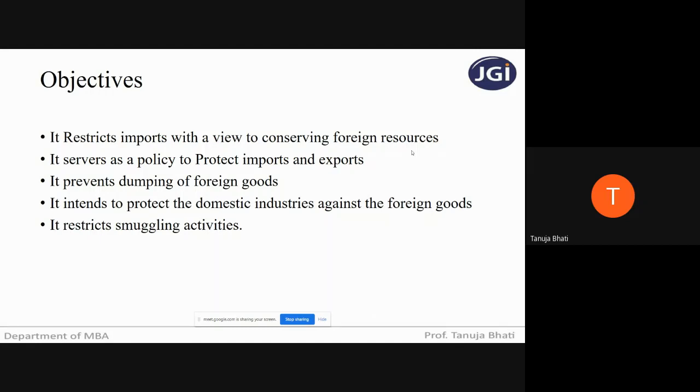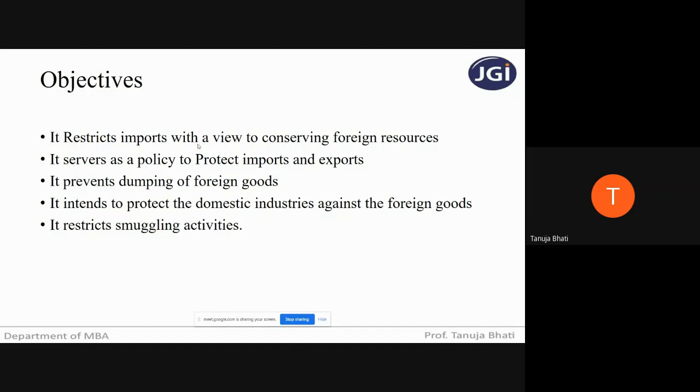Simple, the first reason was to restrict imports. People were importing goods that are also manufactured in India, having a fancy for goods from outside India. So it was hampering the Indian industries and Indian production.